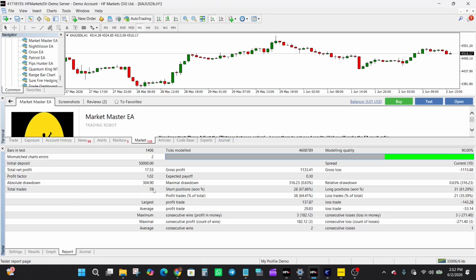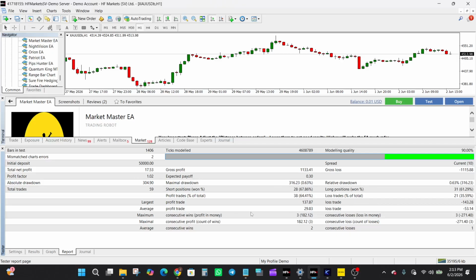Now we can see that 59 total trades we are taking and 28 we are short positions with 67.86% win rate, and we had 31 long positions with 61.29% win rate. So now when I put the win rate side by side with the risk to reward ratio derived from the average profit and average loss, I'm not surprised to see a little total net profit, because the risk to reward ratio is bad.